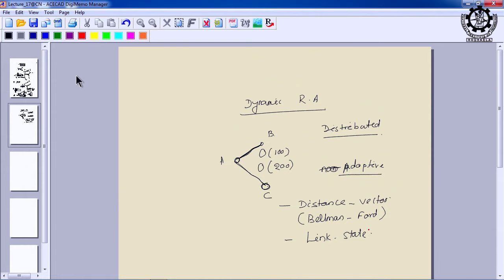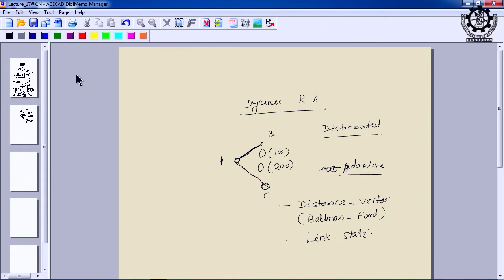So, your distance vector and the link state routing algorithms, which are the dynamic kind of routing algorithms, we will see both of them. First we will go for the distance vector or the Bellman-Ford algorithm.